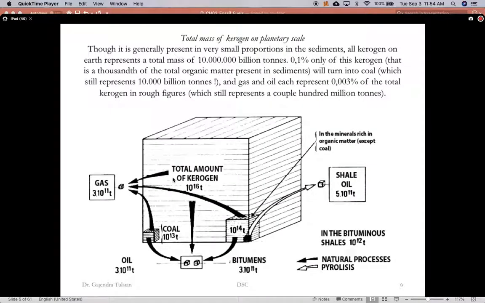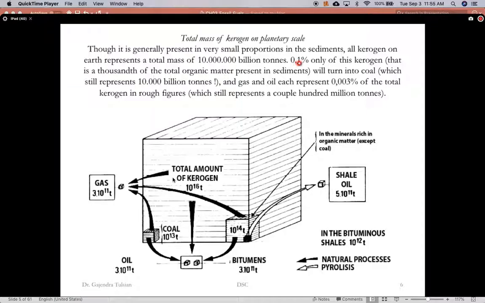All right, here are some numbers. Again, the total amount of kerogen on the planet is 10 to the power 16 tons. That's about 10,000 times the carbon content of all living matter. About 1% of that gets converted to coal.